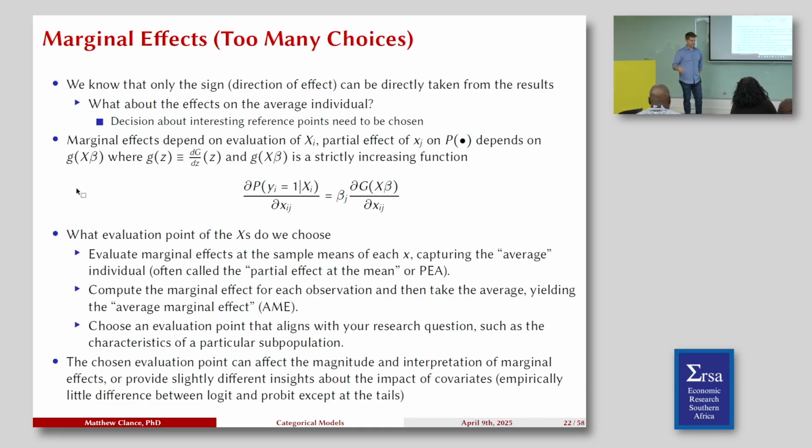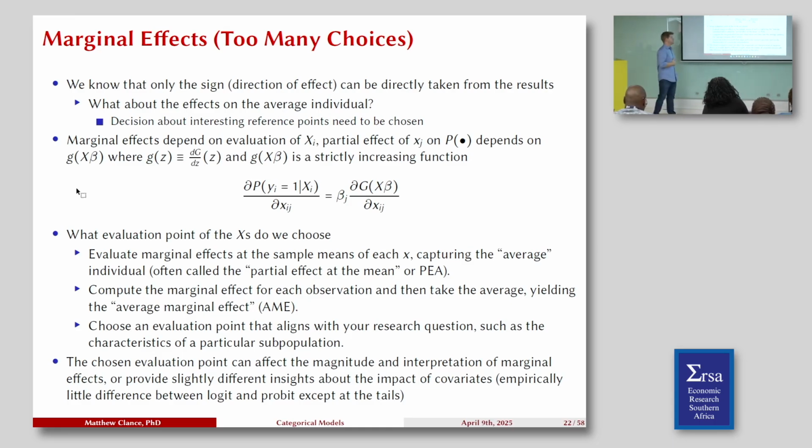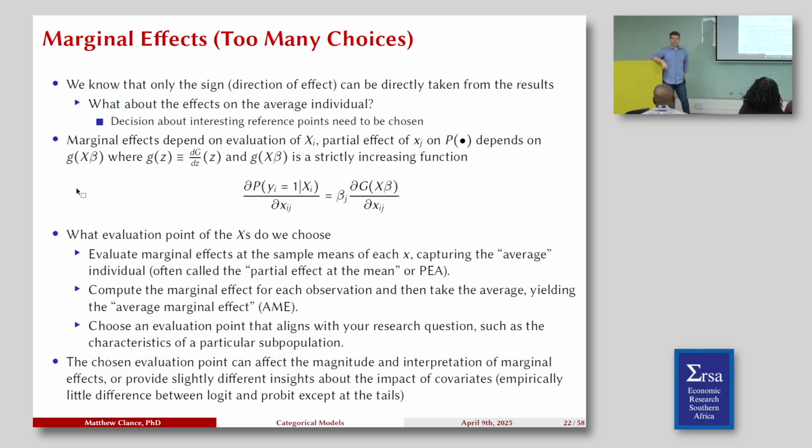Most of the time we just report the coefficient and say that's the effect and that's it. But here we have a few more choices. So the marginal effect is going to depend on the evaluation of xi. If I set everything to 0 and I only look at education, that would be me assuming that every other characteristic for some reason is set to 0.